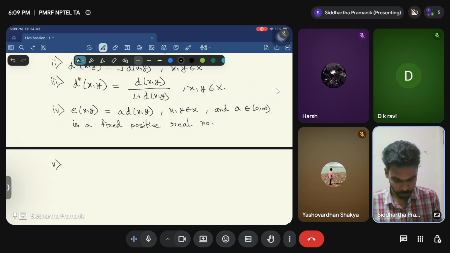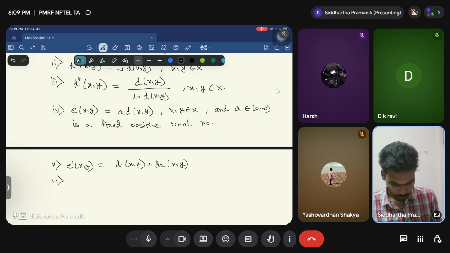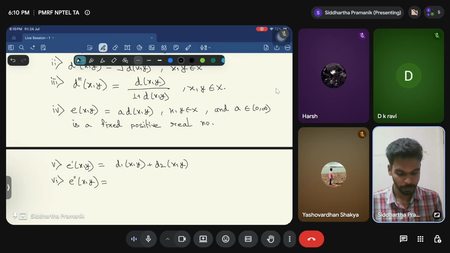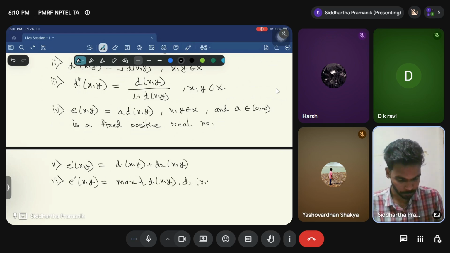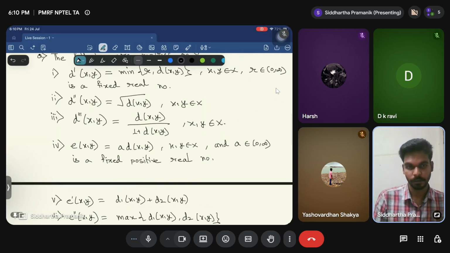Let's do some more. Let's say e prime of x y is just the sum of d1 and d2, so d1 of x y plus d2 of x y. And let's say the sixth one, e double prime of x y, is basically the maximum of d1 x y comma d2 x y. So for the time being, let's keep these 6 metrics.